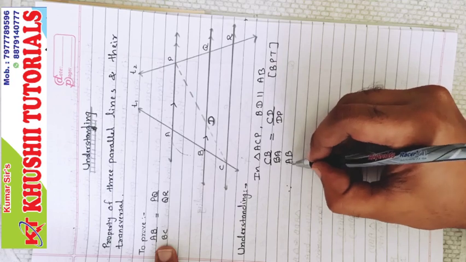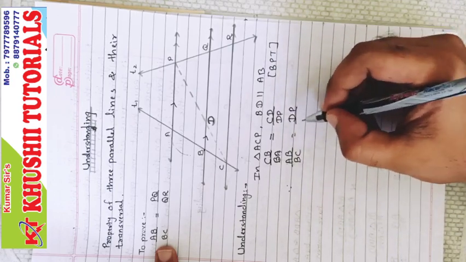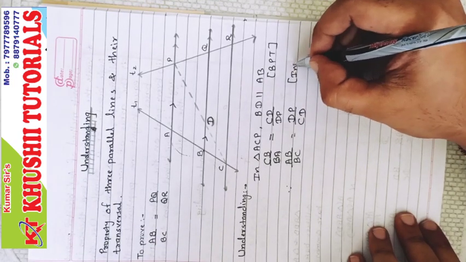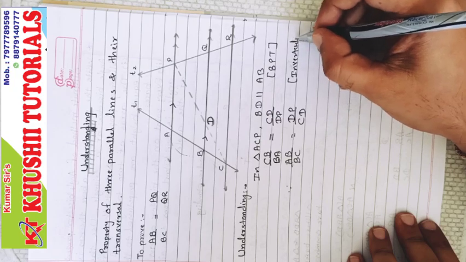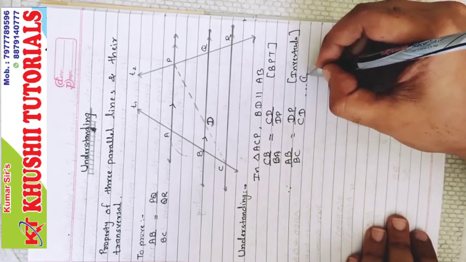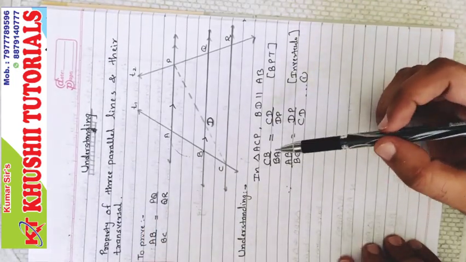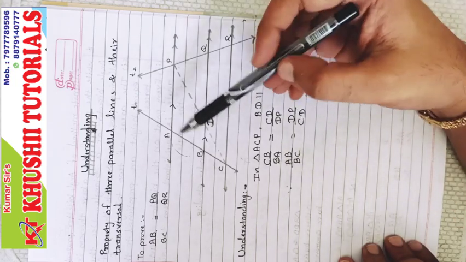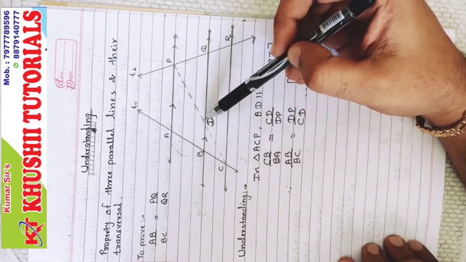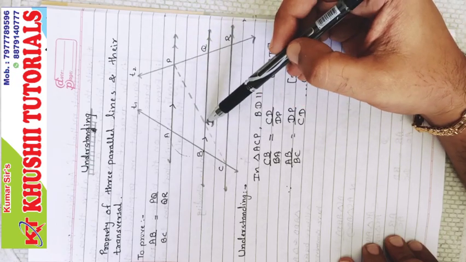Therefore AB upon BC equal to DP upon CD by invertendo. I will mark it as 1. Now you can directly write this, because if CB upon BA equal to CD upon DP, then definitely AB upon BC equal to PD upon DC.